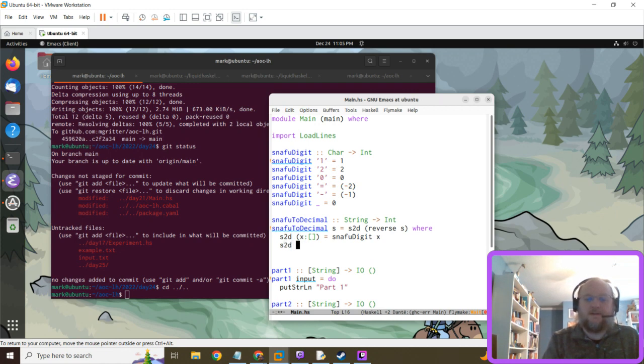Otherwise, we calculate snafu digit of x, and we calculate S2D. Okay, we can just do the empty list since we're doing it in reverse order. So 5 times S2D of the rest of it. All right. So the hard part is doing the other direction.